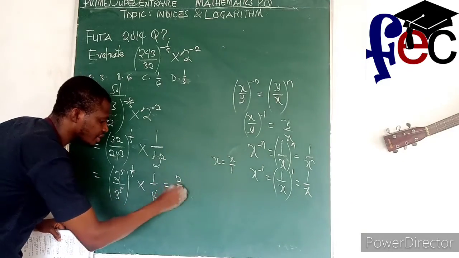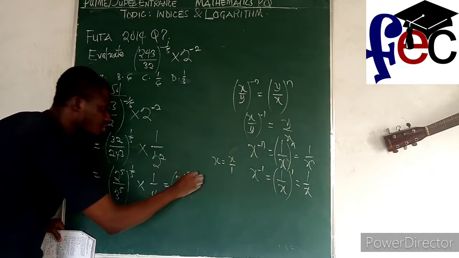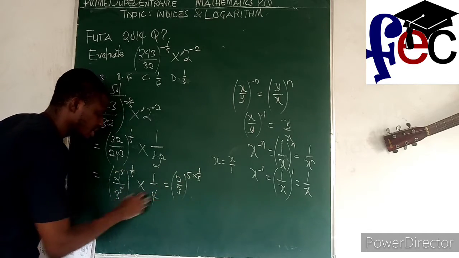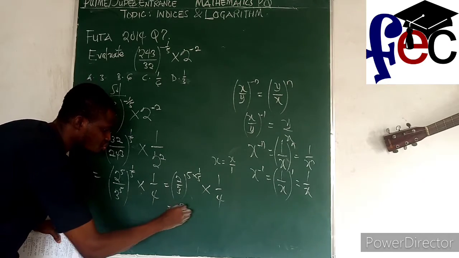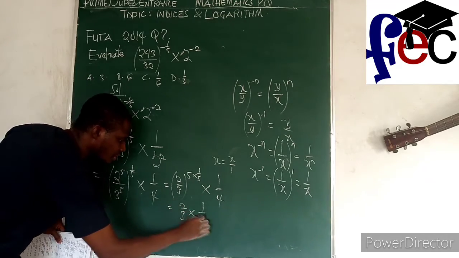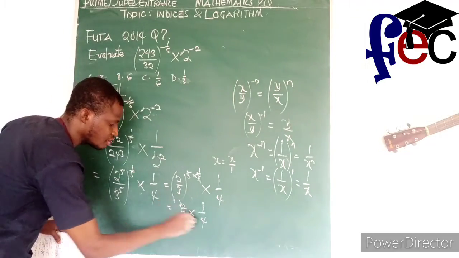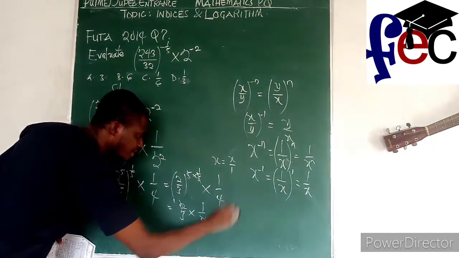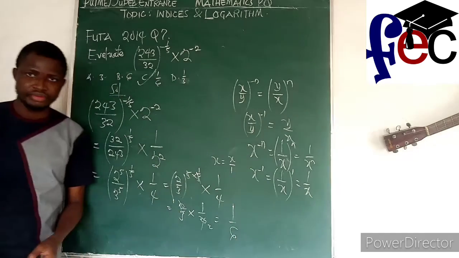I have 2 over 3 all raised to power 5. It will multiply this 1 over 5, then I have times 1 over 4. So this will give me 2 over 3 times 1 over 4, because this will cancel this. 2 in 4 is 2. What do I have? 1 over 6. Which of the options? Option C.